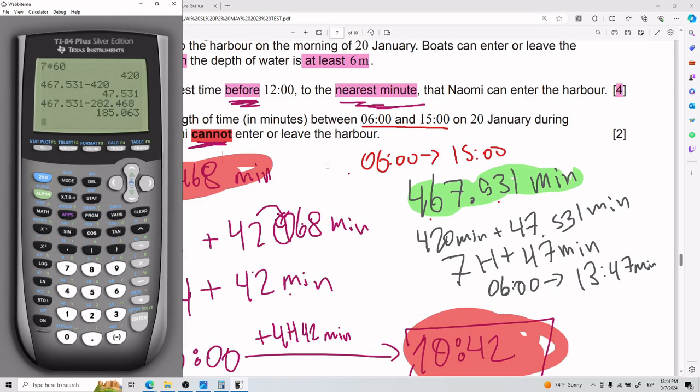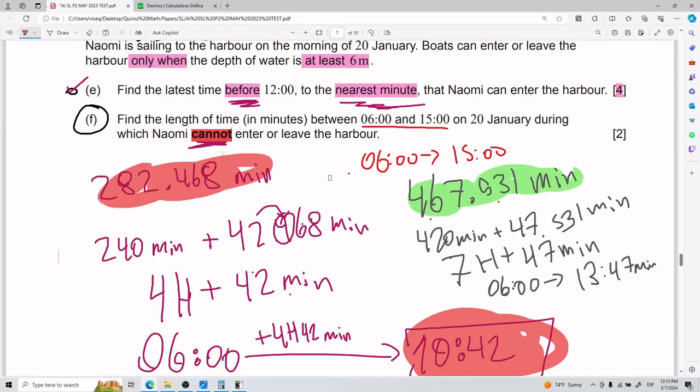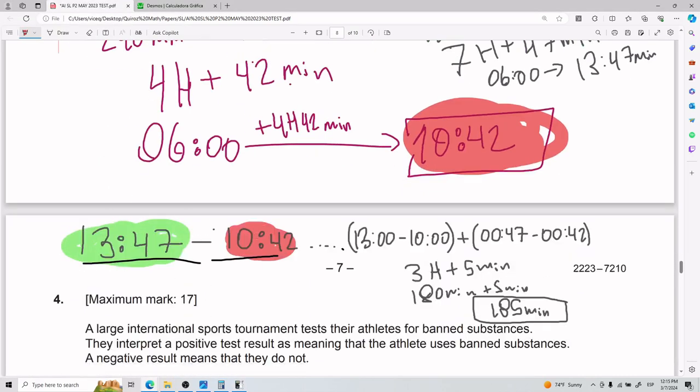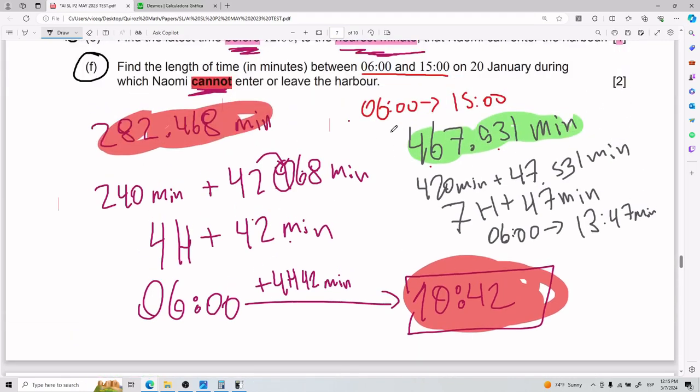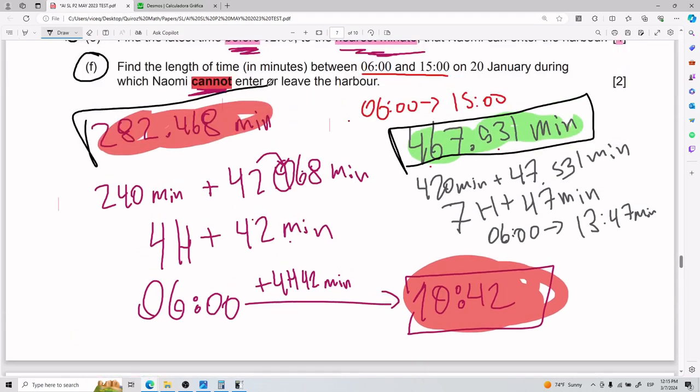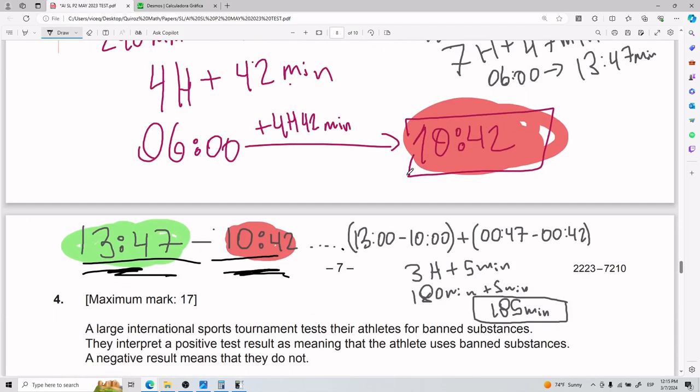So it's a quicker way to do it, but I think it's a little less intuitive if I just tell you to subtract these minutes. I'd rather first show you what's really going on. You're subtracting 1 o'clock with 47 minutes minus 10 o'clock with 42 minutes, but you can put it all in minutes and it works the same way. So green minus red is the way to go.